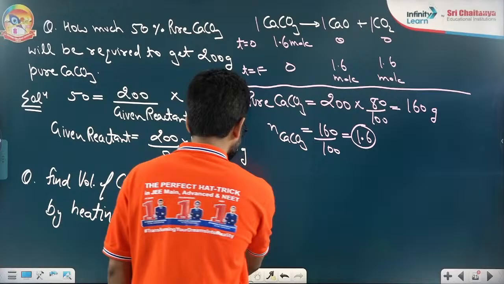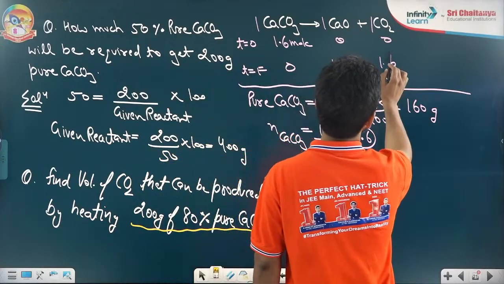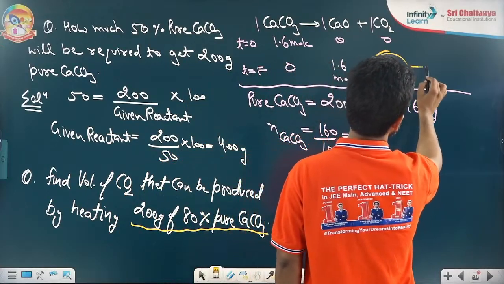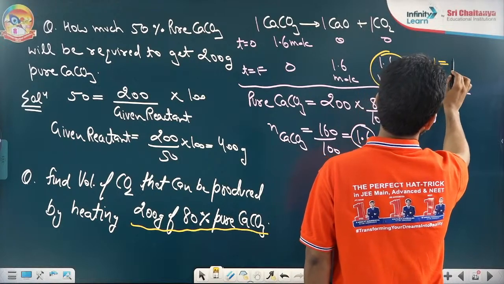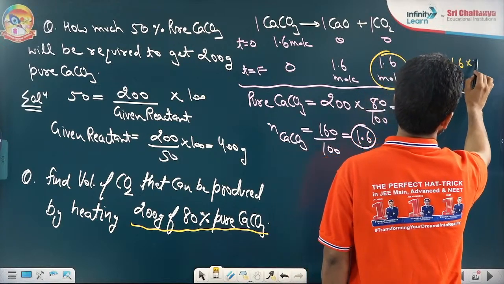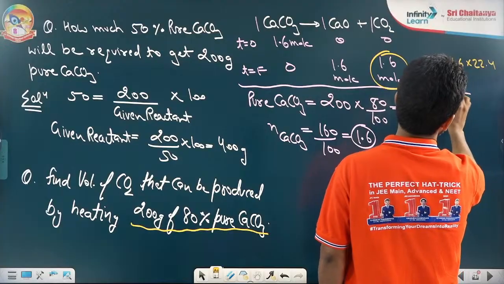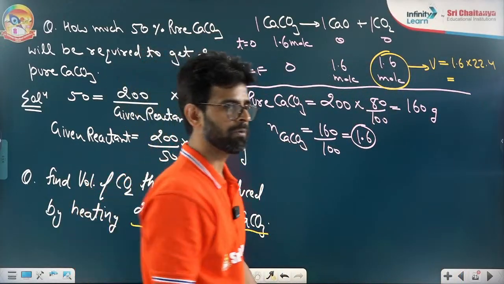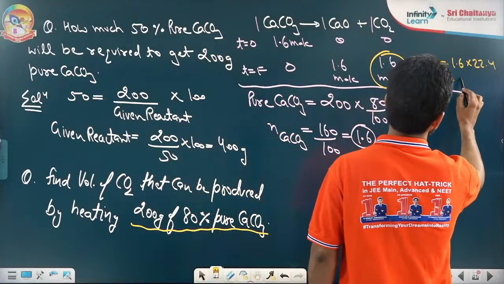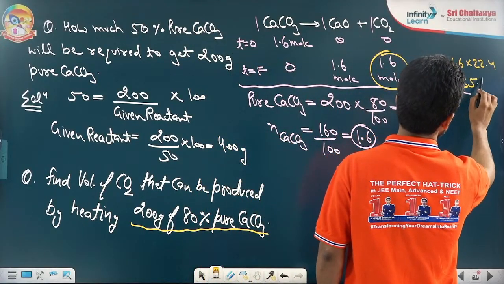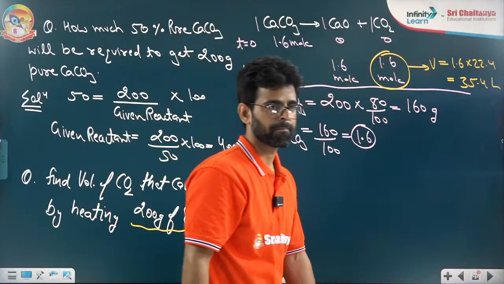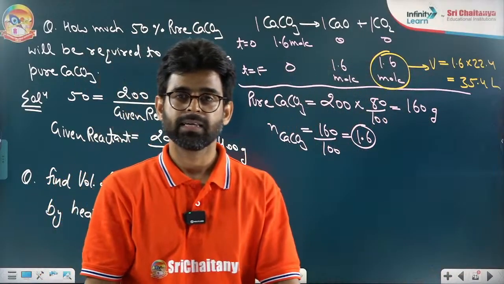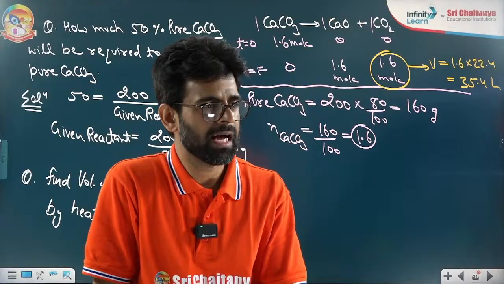So 1.6 mole beta we got. But in the question they're asking volume. You know volume? Number of mole times 22.4. How much coming from here? Okay, many of you writing 35.84. That's great. Good. I'm writing 35.84 liter. Is it clear there? Are we clear about this?